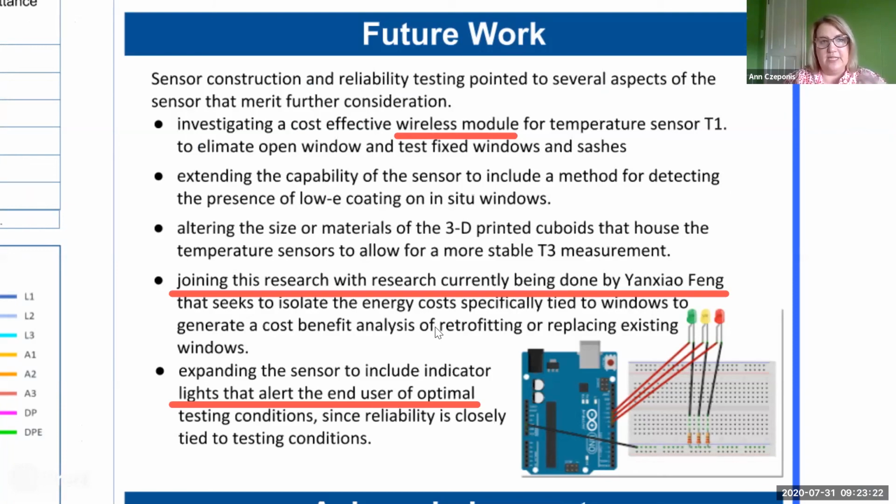We feel that if we married these two pieces of research, we would allow consumers to make a cost-benefit analysis of replacing or retrofitting existing windows. Also, we think a light system would allow home-based users to know when conditions are optimal for testing.